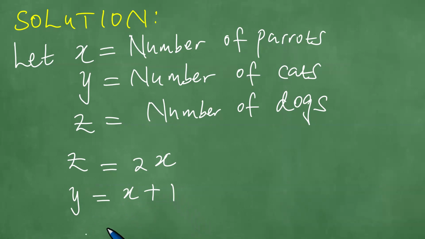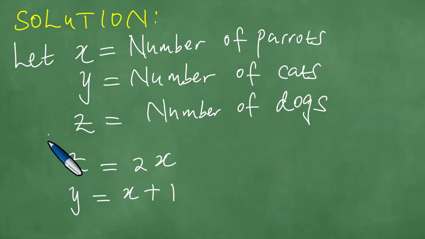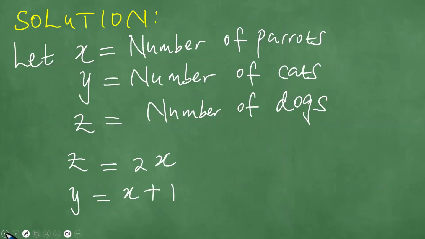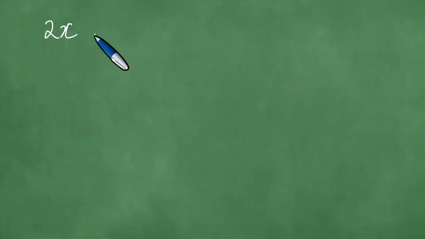Okay. Now, moreover, we are told that Peter counted 46 legs in all. What is the meaning of this? Right, so if Peter counted 46 legs in all, we need to remember that x is the number of parrots, and parrots are birds, and these birds have 2 legs each, right? And cats have 4 legs each.